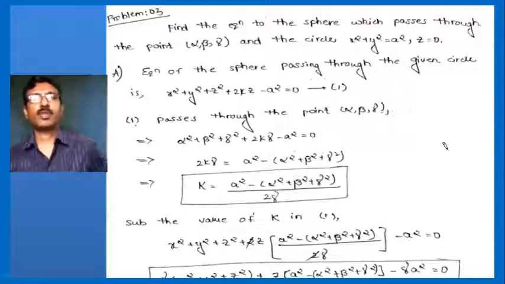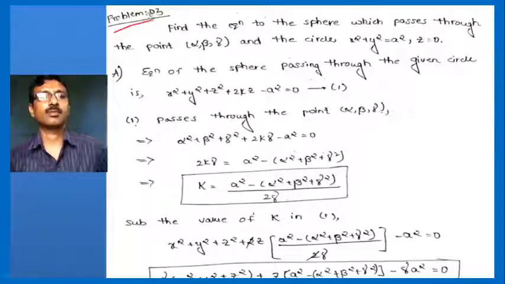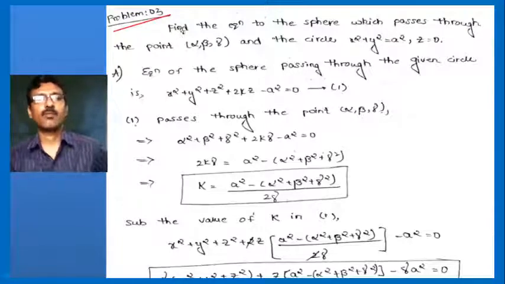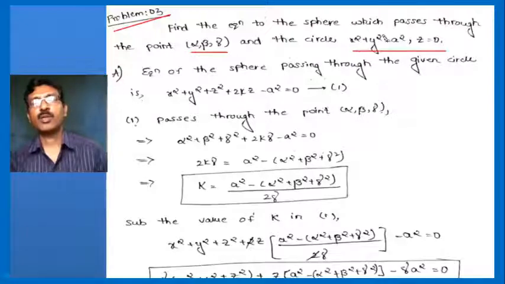Here is the problem 3. Find the equation of the sphere which passes through the point alpha, beta, gamma and the circle. Here the circle is formed by the cylinder, x square plus y square equal to a square, and a plane.